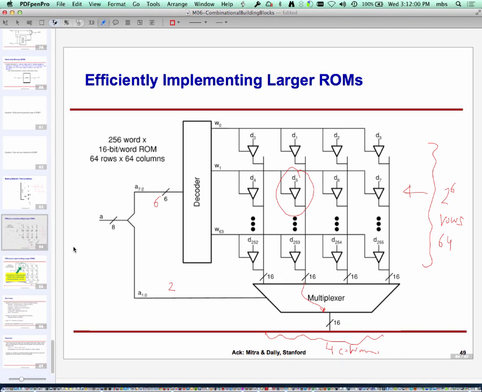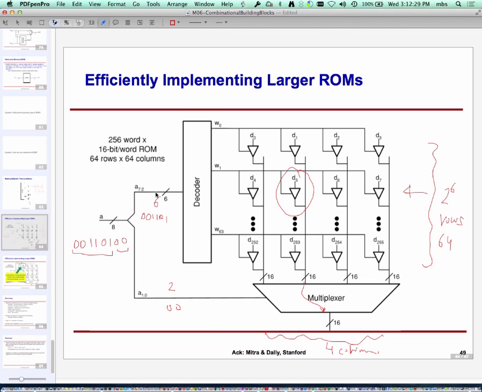Now, let's say my address was 0, 0, 1, 1, 0, 1, 0, 0. What I'm doing is taking the top 6 bits and feeding them here. So what I'm seeing is 0, 0, 1, 1, 0, 1 out here, and the lower 2 bits, which are 0, 0, come out here.